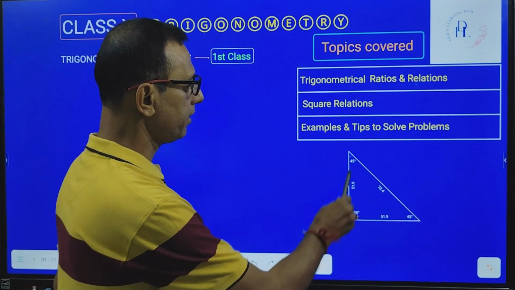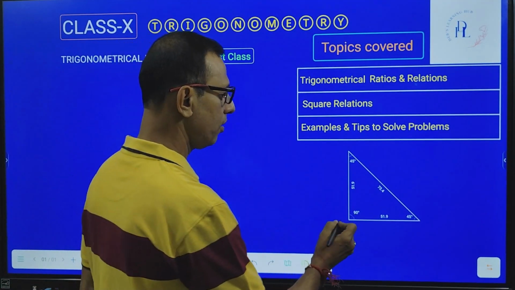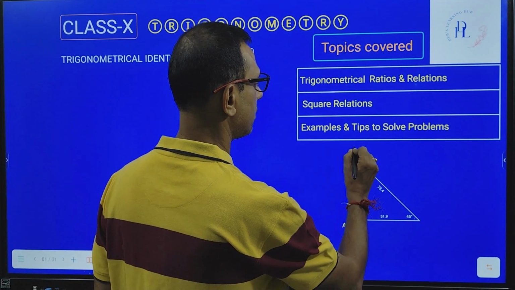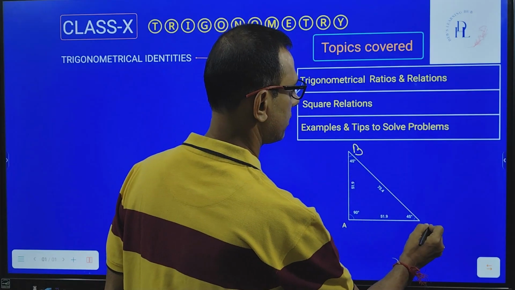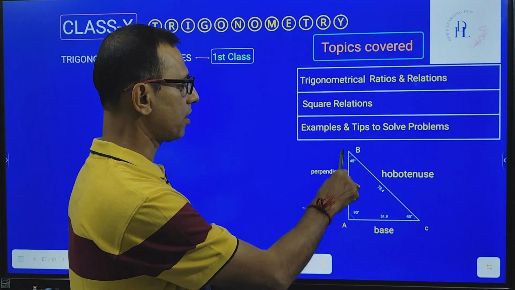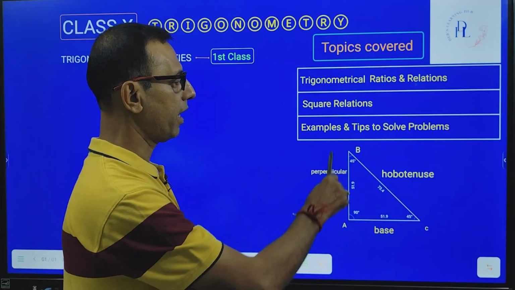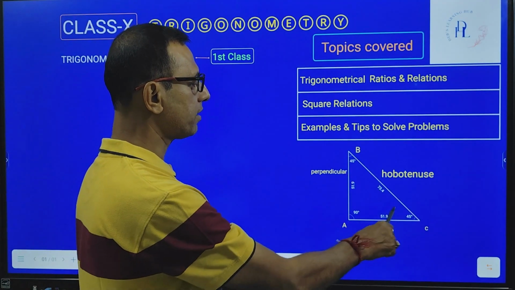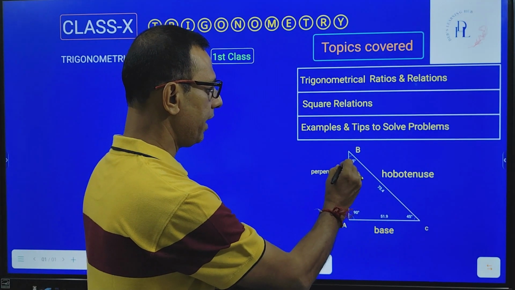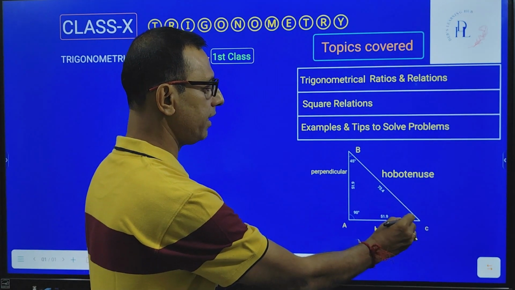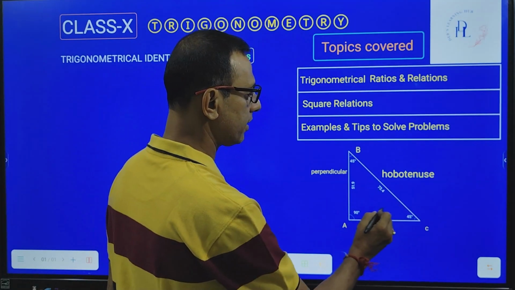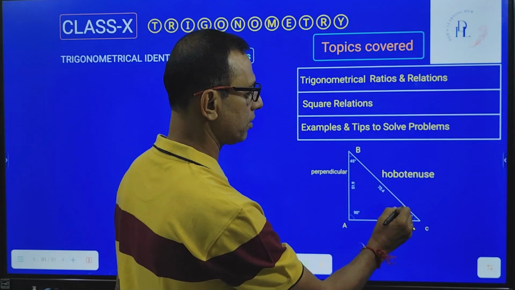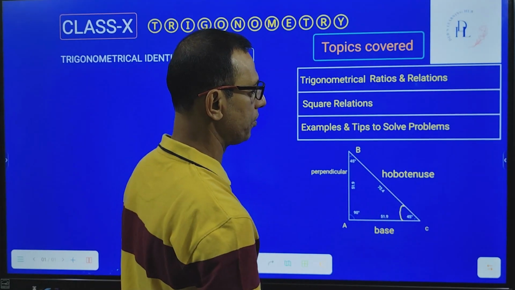So let's say in this right-angled triangle, angle A is 90 degrees, this is B, and this is C. So in this triangle, AB is the perpendicular, AC is the base, and BC is the hypotenuse, right? So if you see in this triangle, AB is perpendicular, AC is base, and this angle is called the adjacent angle of the hypotenuse.